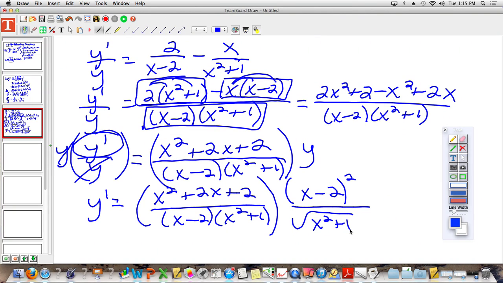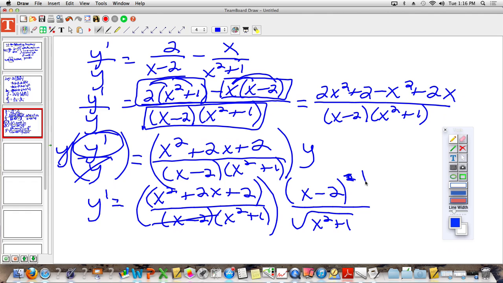Okay, so we have this entire top that is being multiplied by this top. And then we have this entire bottom that is being multiplied by this bottom. So do we have anything in this problem that we can cancel out? x minus 2. Yeah, we have an x minus 2 right here that will cancel out with one of the x minus 2's in the top. So I'm going to get rid of this power of 2 and make it a power of 1 instead.